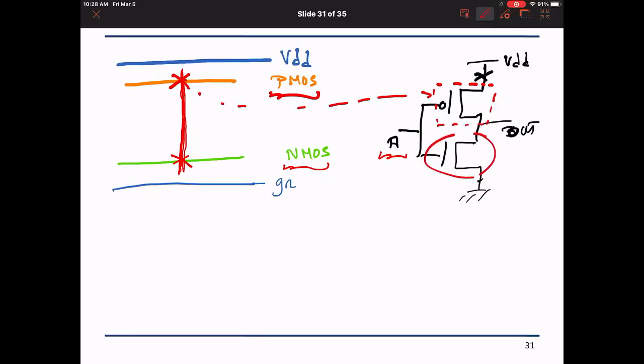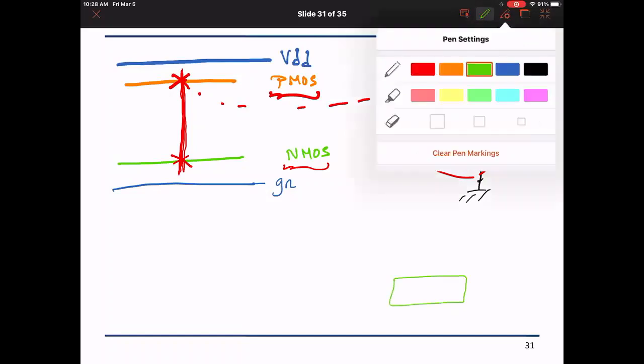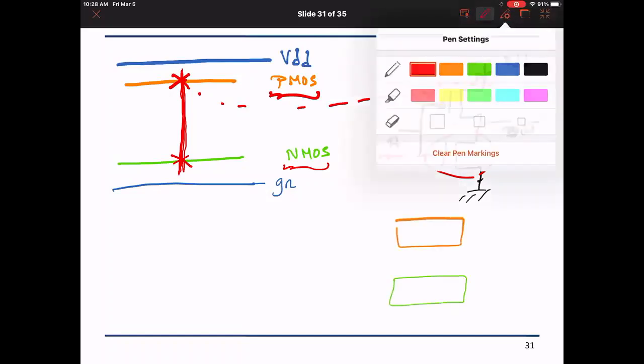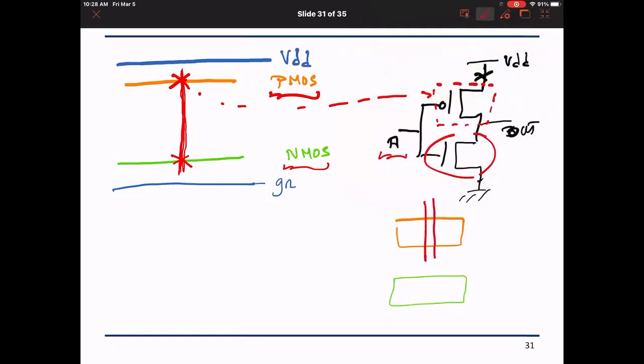So all I'm saying is that really I have an NMOS and a PMOS diffusion, and I'm sending the same input. Doesn't A have to be sent to both of them? Yes, I can send A to both of them. Here it will create the PMOS device, and here it will create the NMOS device. Okay, so I'm just stating that these two have the same gate. Clear?